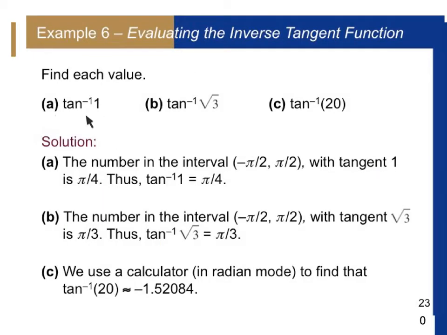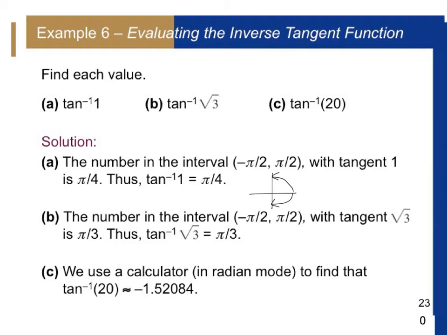Okay, so let's look at some examples. Let's find inverse tangent of 1. We're looking for a number on the interval minus pi over 2 to plus pi over 2 where our tangent equals 1. In other words, we're looking for an angle between here and here where our tangent is 1. And we know that that's pi over 4. Our angle has to go either first quadrant or fourth quadrant backwards.